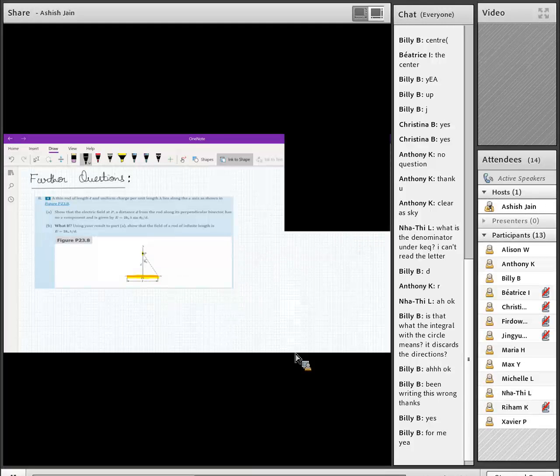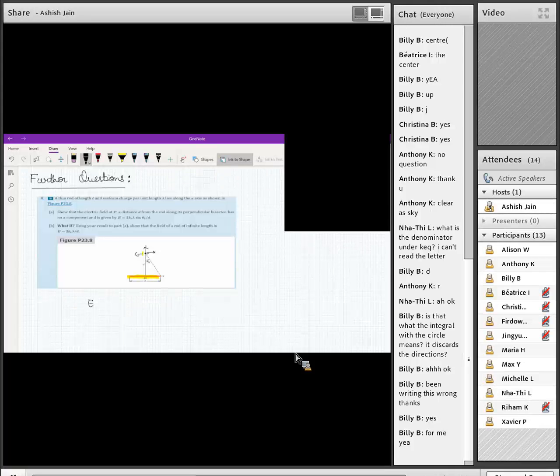a distance d from the rod has no x component, and there's only a y component.